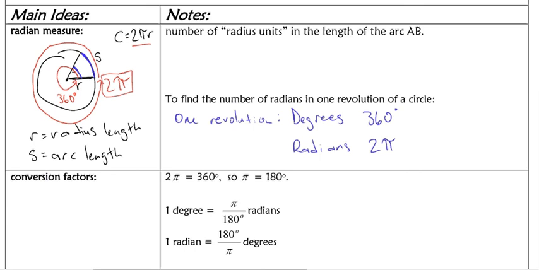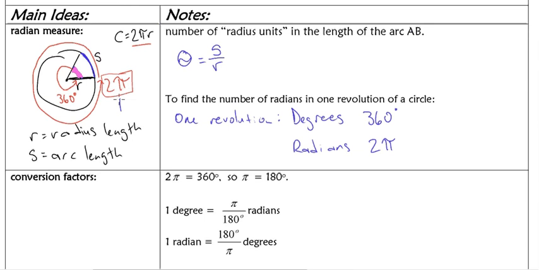Now one other part I didn't mention here is that the angle that we're talking about, whatever angle that is, is commonly referred to as theta. Theta. And that is going to be equal to the arc length, S, divided by the radius.